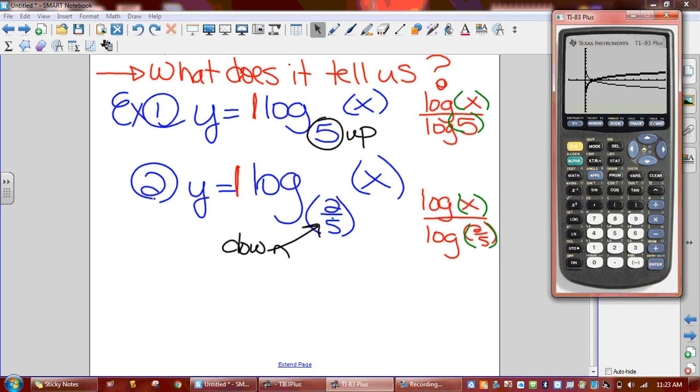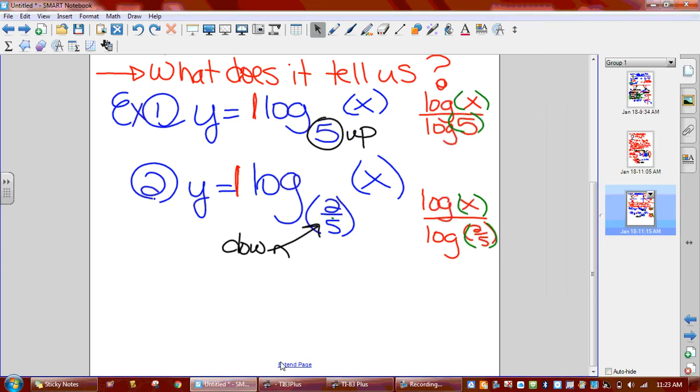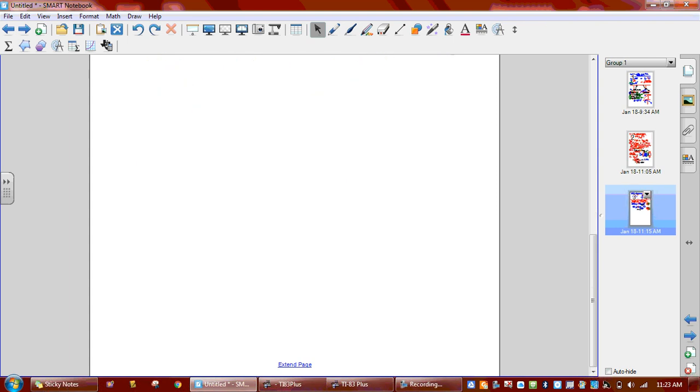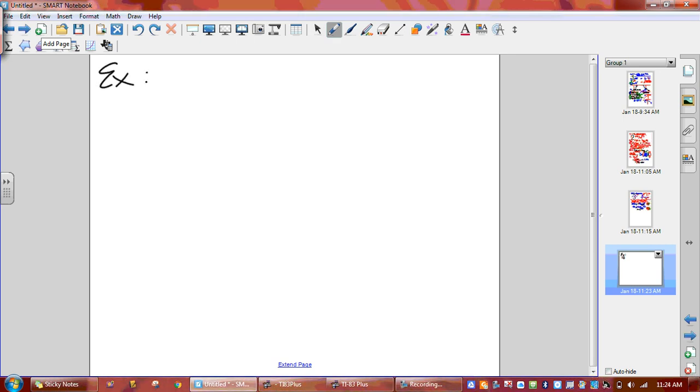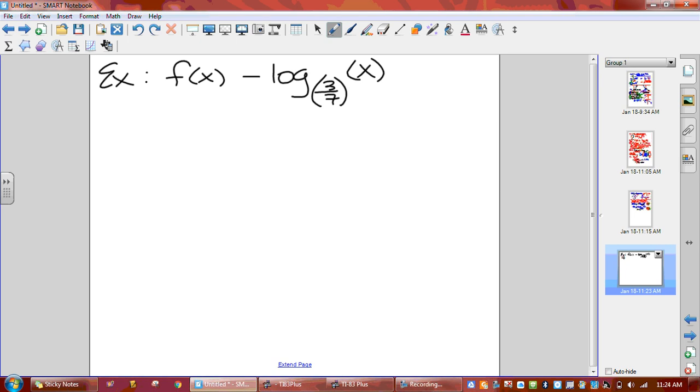They literally put digits. So they could give you a question like this and say, which graph matches it? And they could show you this, and then you're going to see a negative sign out front and a fraction base.